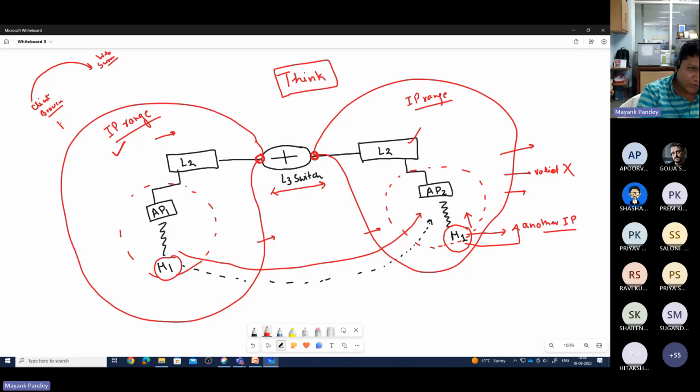So M1 would have opened a socket. And a socket is bound with what? When you bind a socket, you bind it with a port and an IP.